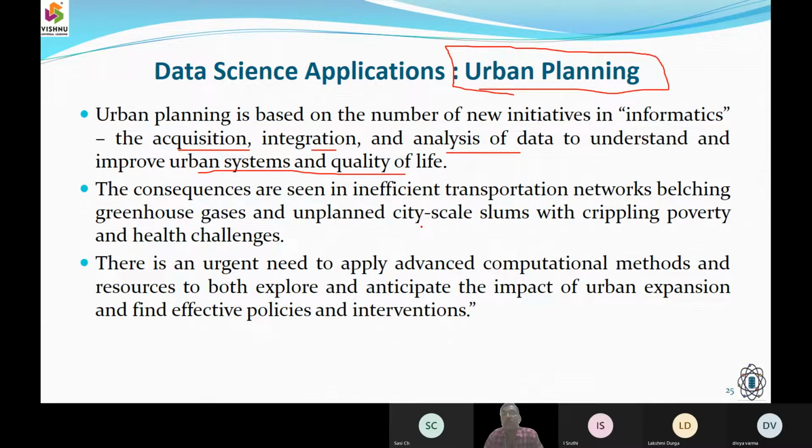His living area is analyzed, and town planning and town building are all taken up with these interventions between the resources and the anticipated explorations. All this informatics is used as a part of this data science application.